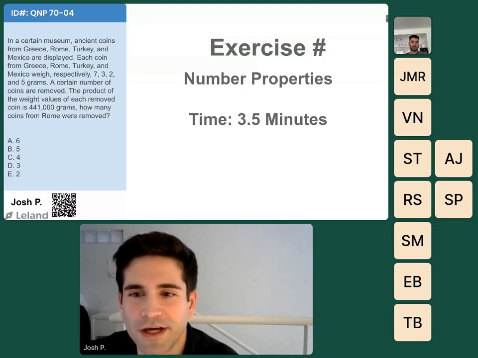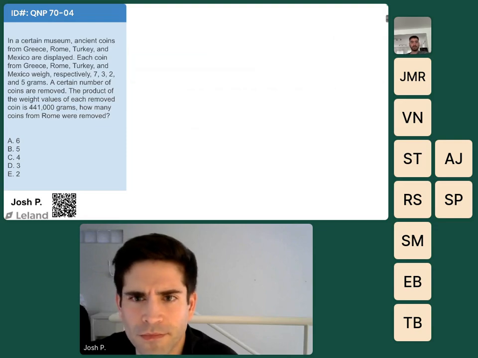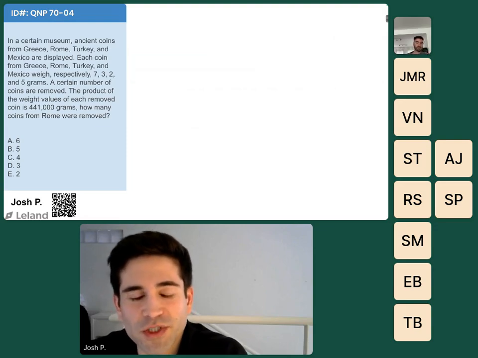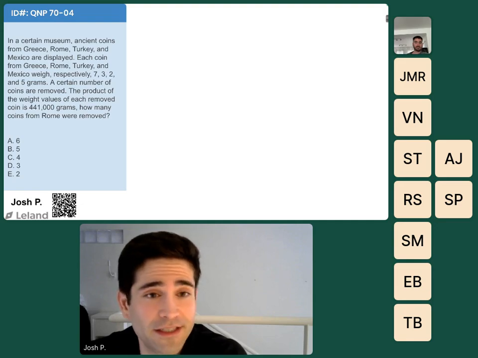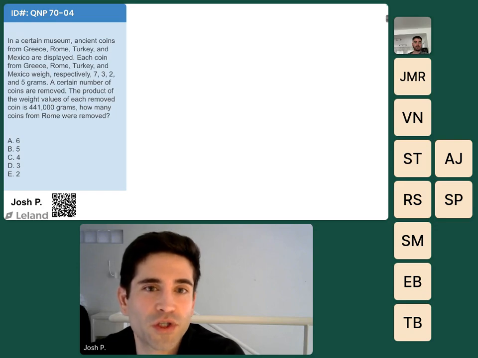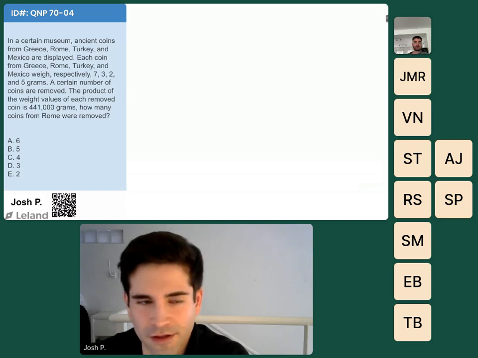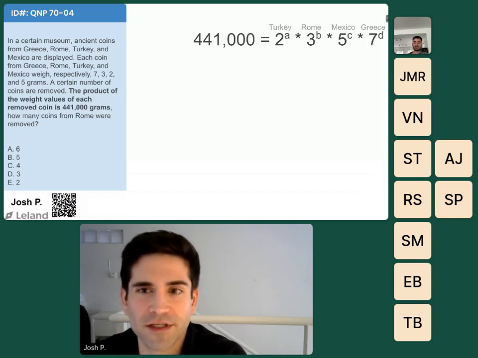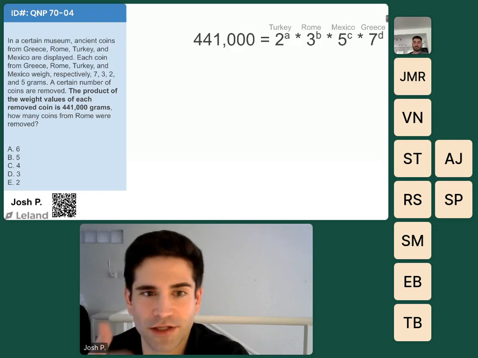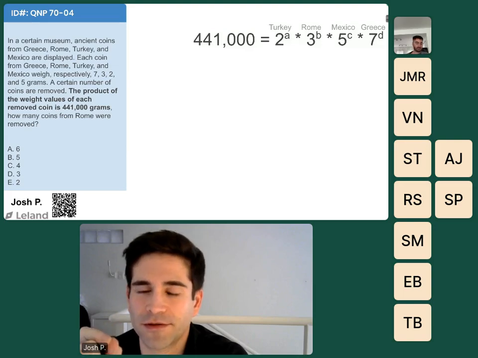Okay, time is up. Let's see how we can do this exercise. This particular exercise has a lot of content. It's really important to try to visualize what's going on, basically translating English into math. Essentially, the question says the product of the weight values of each removed coin is 441,000 grams.